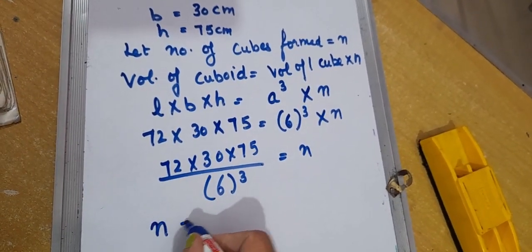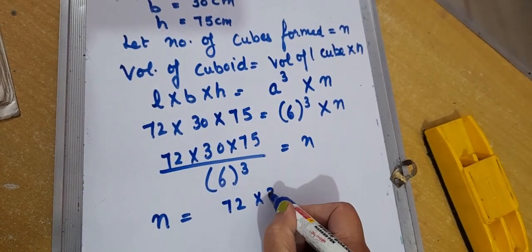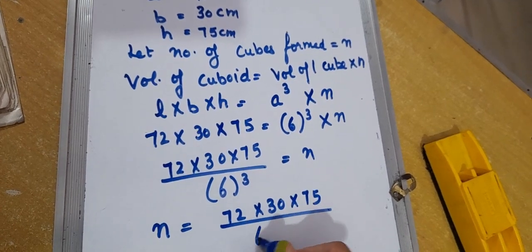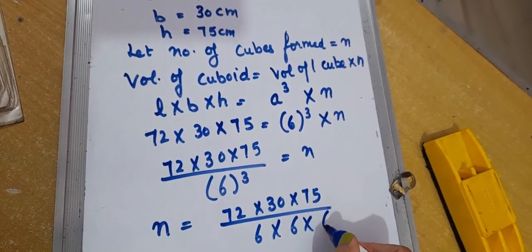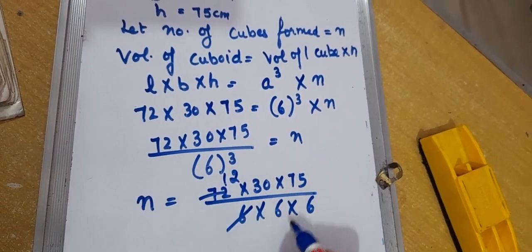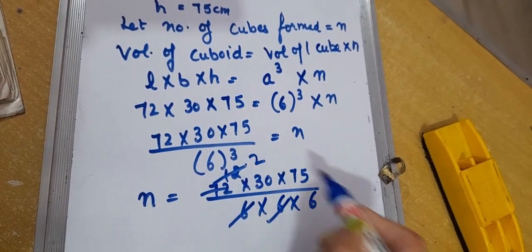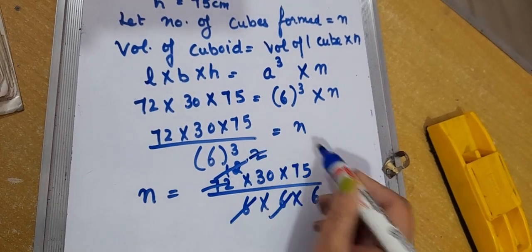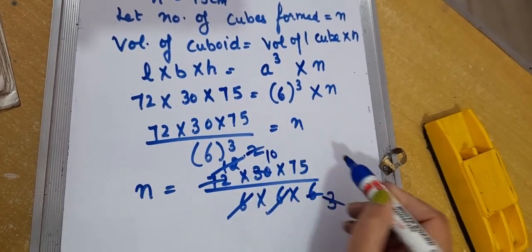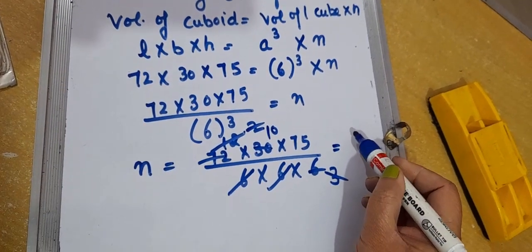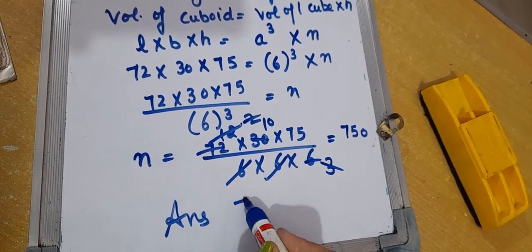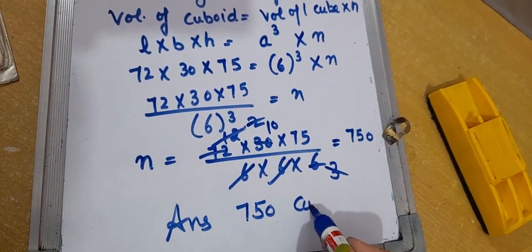Now rewrite n equal to 72 into 30 into 75 upon 6 into 6 into 6. Now solve this. 6 12s are 72, 6 2s are 12, 2 3s are 6, 3 10s are 30. So 10 into 75 you get 750. So your answer is 750 cubes.